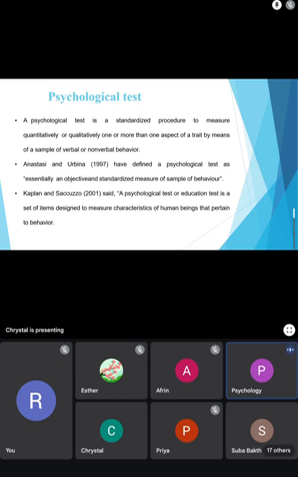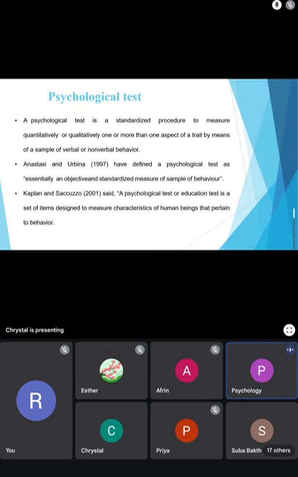We already have tests especially if we're going to a foreign country, GRE, TOEFL, and for self-esteem, your interest in music. So for all these behaviors, there are already standardized tests available.